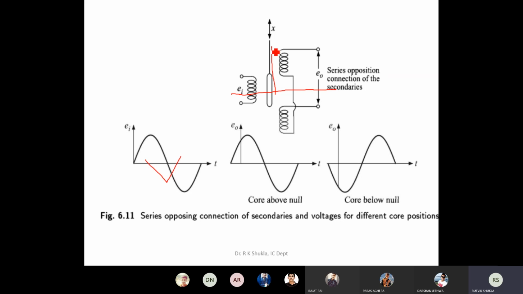Now whenever the core moves in the upward direction, your output is something like this. And whenever it goes downward, see the change in the output. The output is reversed. If you plot this on the characteristic curve, whenever it is on the positive side, your output is like this, and whenever it goes from the null position downward, your output goes like this. This is how the characteristic looks.